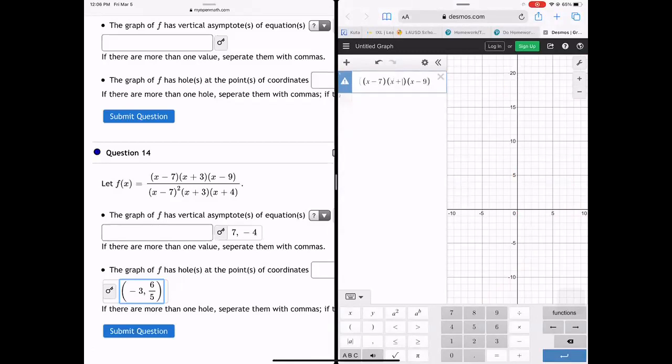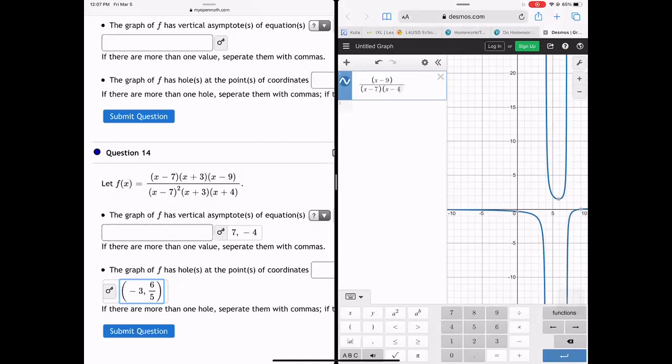X plus 3, gosh, X minus 7. No, I'm going to just type in the reduced version. X minus 9, divided by X minus 7, and X minus 4.